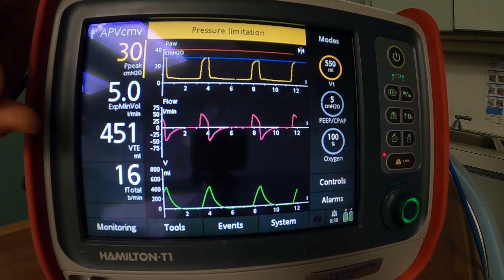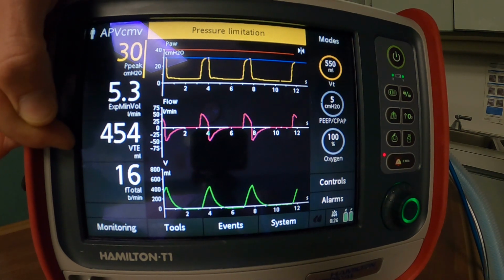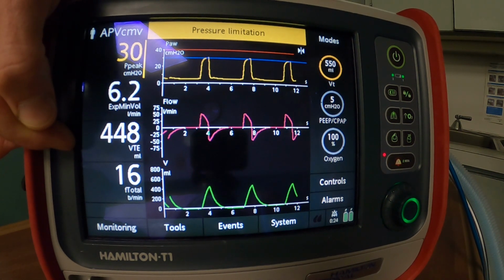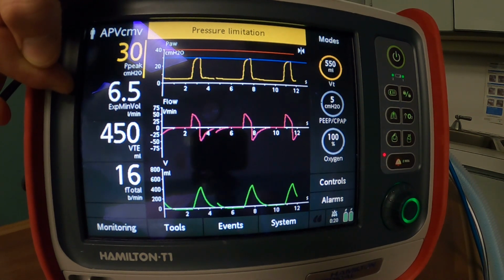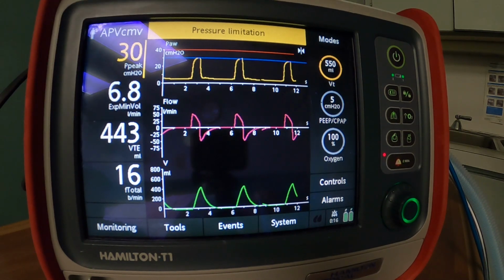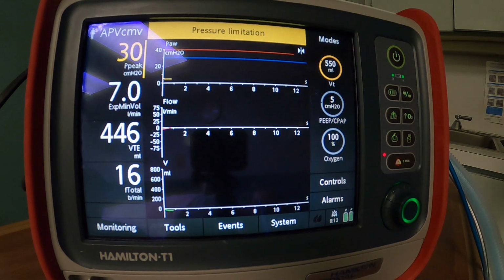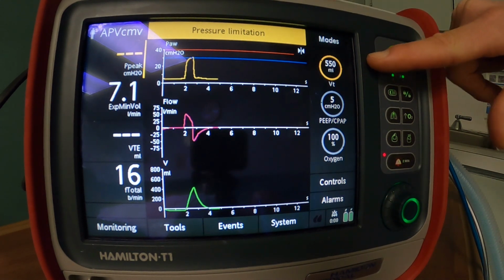And as it adjusts, as we can see, we are getting a tidal volume, a VTE, here, and a minute ventilation here. Again, these are going to be what we're going to use when we compare to our charts. This is what we set.